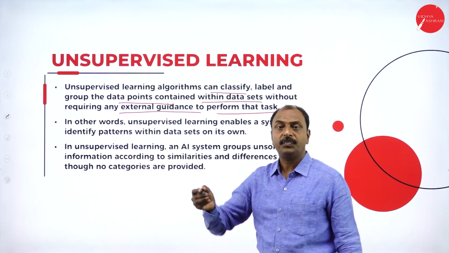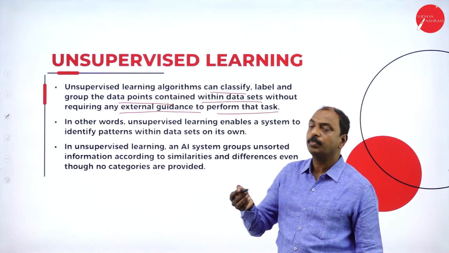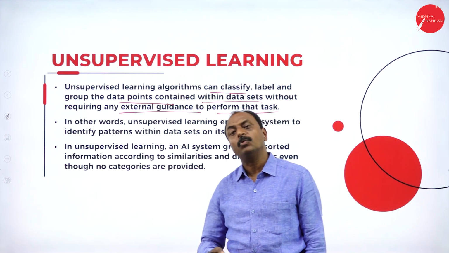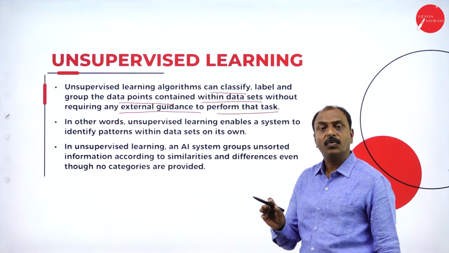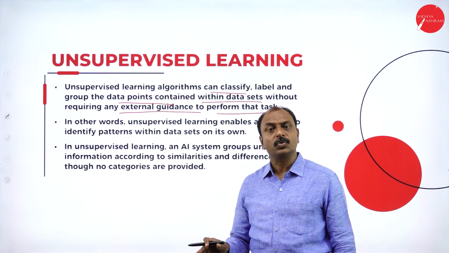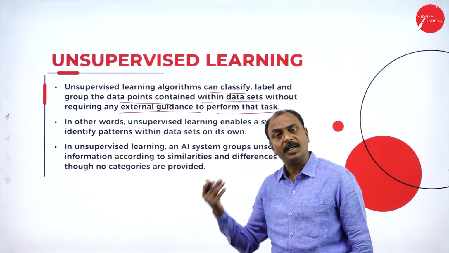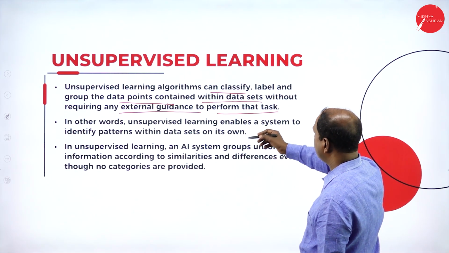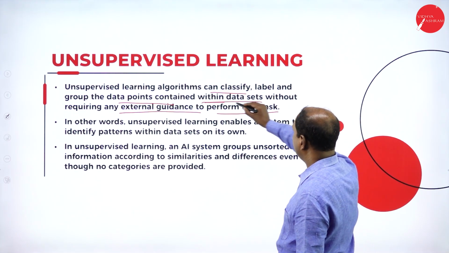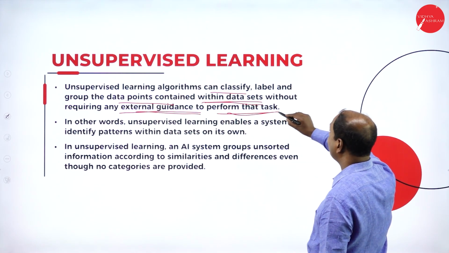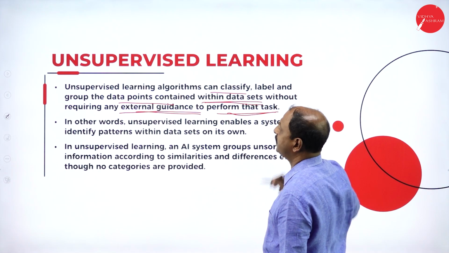And here, if you observe, in supervised learning, in the data set, input is mapped with the output variable. We train the algorithm through the features we give as input to the system. But here, it is the opposite. Within the data set, without any external guidance, it is going to classify the data.